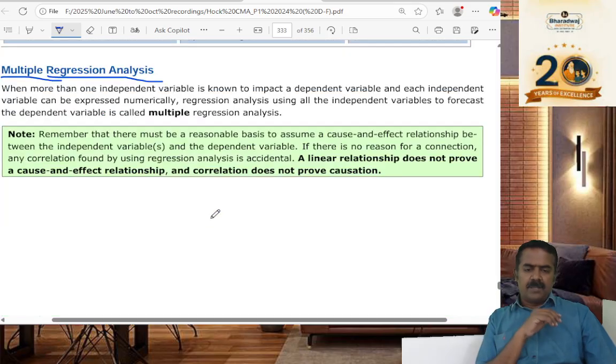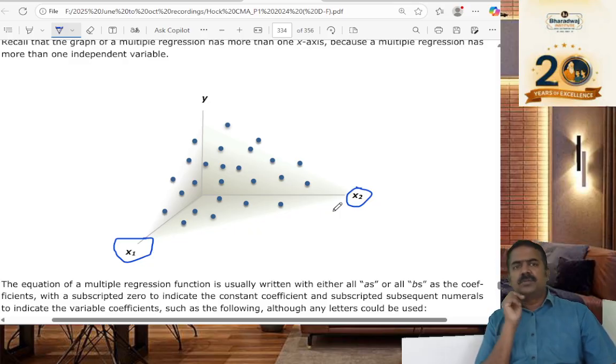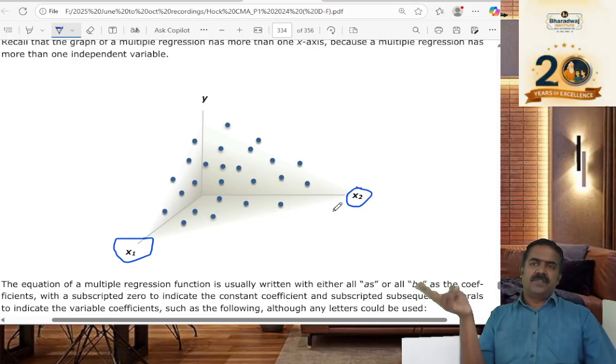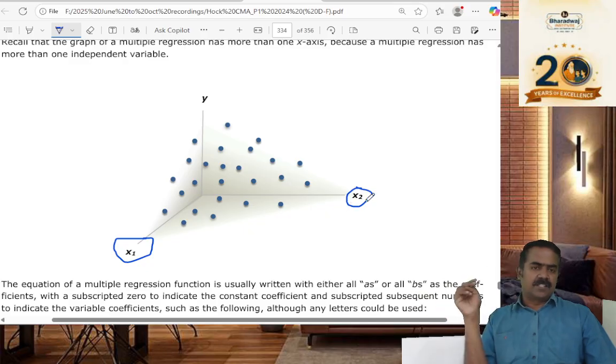There can be multiple variables where the determinants are based on both x1 as well as what? X2. What are x1, x2? Two independent variables. Like variable cost, efficiency of the workers, our price and competitors' price, our demand versus others' response.